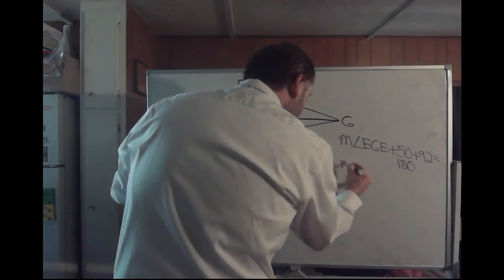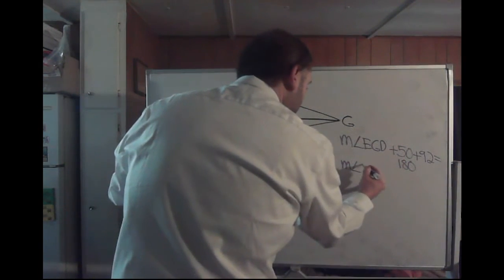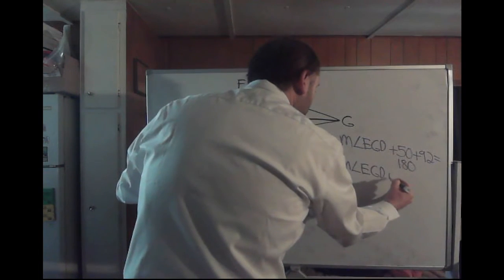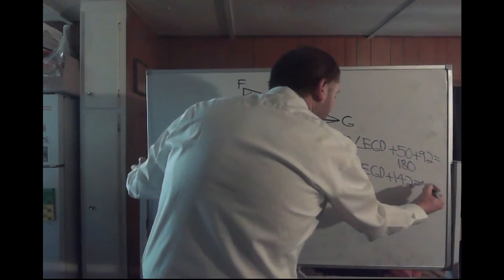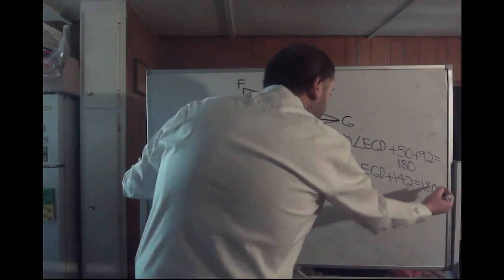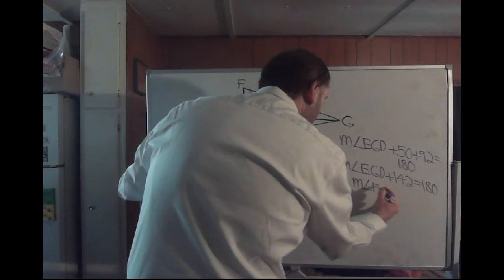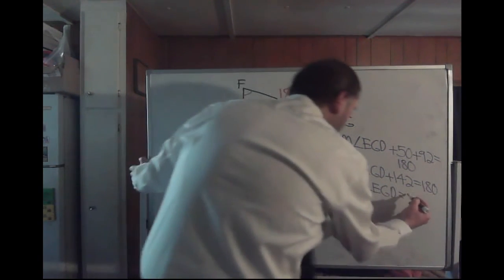This means that the measure of angle EGD plus 142 equals 180, which could only mean then that the measure of angle EGD would equal 38.